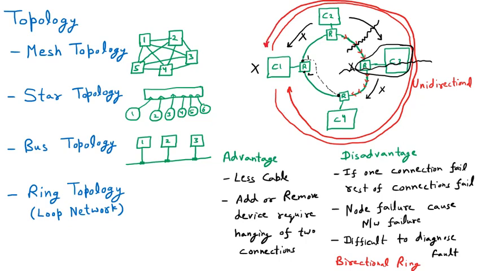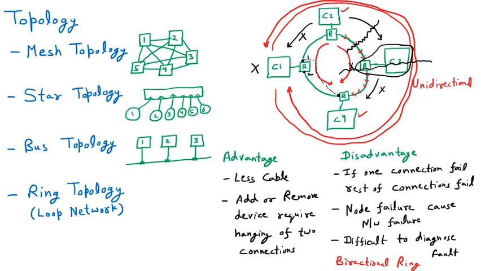But yes, coming in this way also has some problems. For example, if C2 wants to send the data to C4, it can come this way and this way also, which can give a duplicate packet. That's why the token management technique is applied here. So the solution is the bidirectional ring, and the token management technique is used.